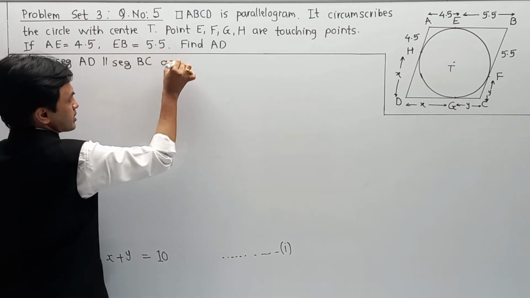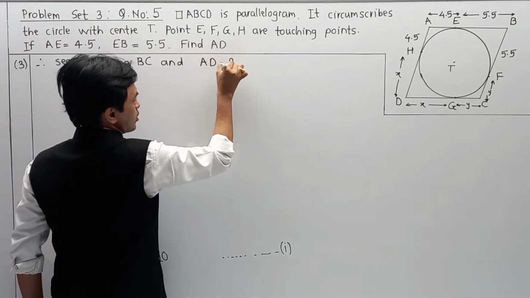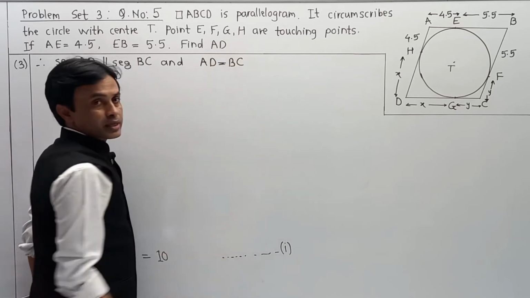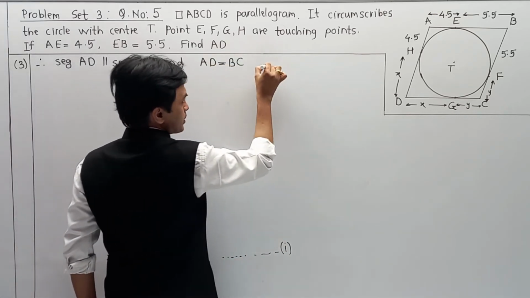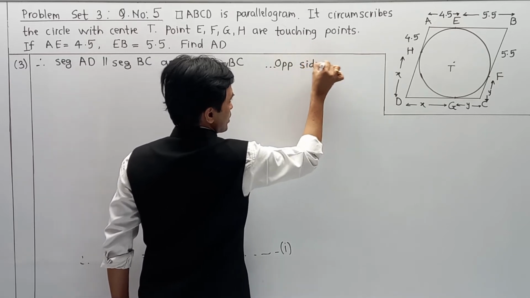And AD is equal to BC, reason: opposite sides of parallelogram.